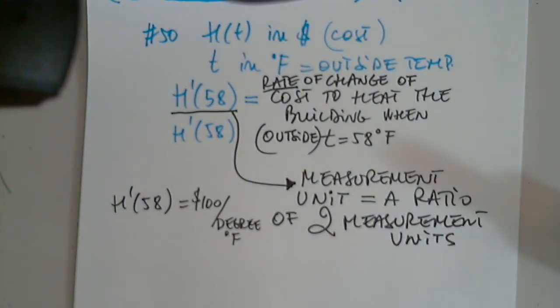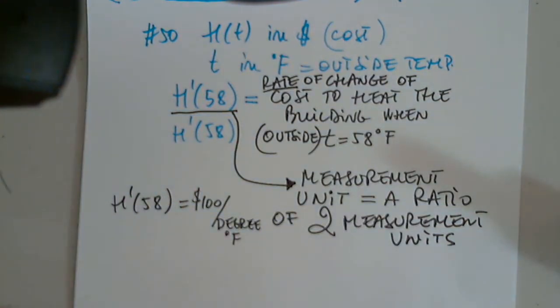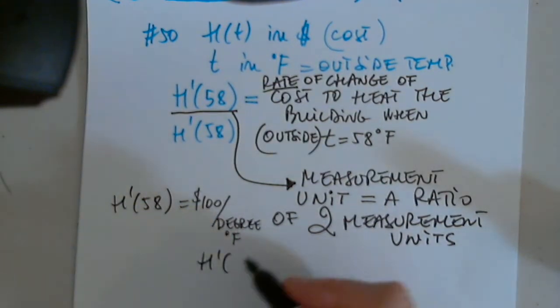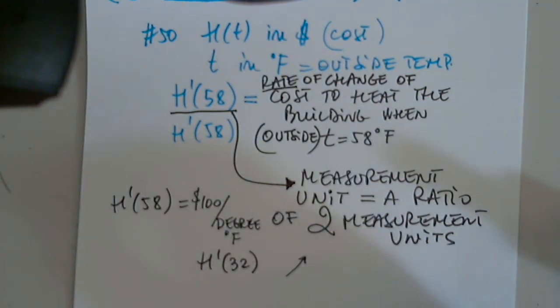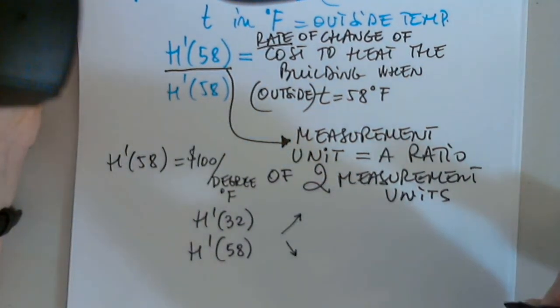And now, I didn't forget, but I just want to look again. It says, would you expect h prime of 58 to be positive or negative? Explain. Okay. So the question is, if I need to determine h prime of 32, I know that the cost will increase. But if the temperature outside is 58, normally I expect the cost to decrease.